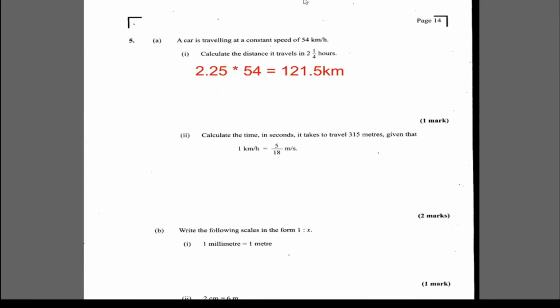Now, first thing we can say is that the distance is 315 meters. So what I'm going to do is convert 315 meters to kilometers. Given that we're in hours, I just want to stick with hours. That's just for me.